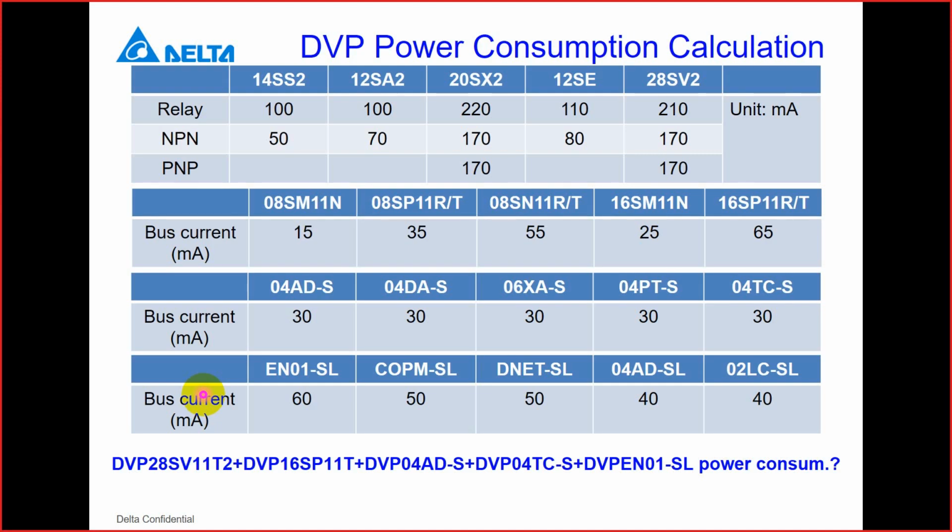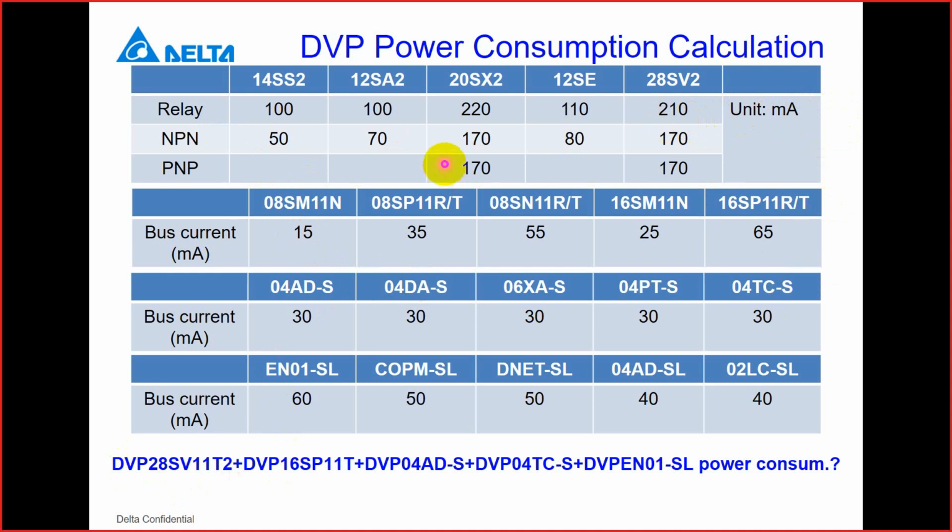Okay, if not, then we go to how to calculate the PLC power consumption. Basically, I think you can also find this information on our DBP user manual. So this page, what I just want to show you is we can check the current consumption to select the power supply we use is enough or not enough.